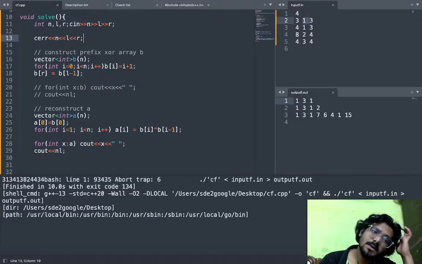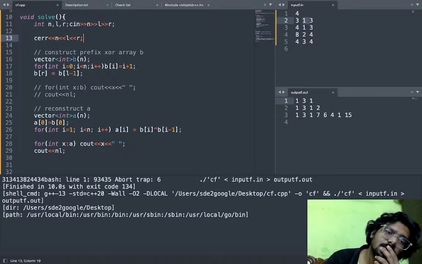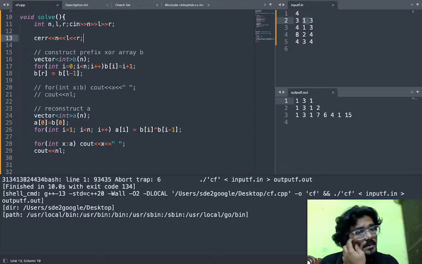It's reading when you are trying to construct a vector of B. Oh, no, okay.